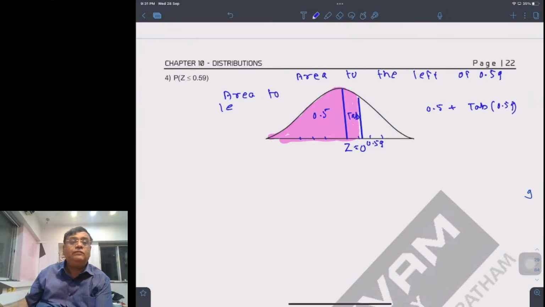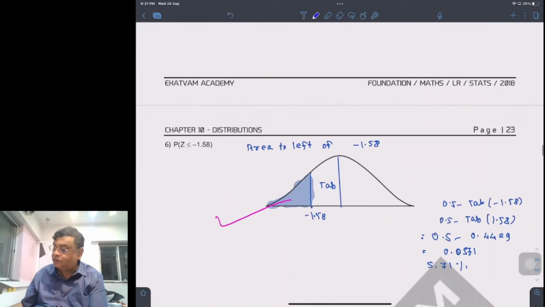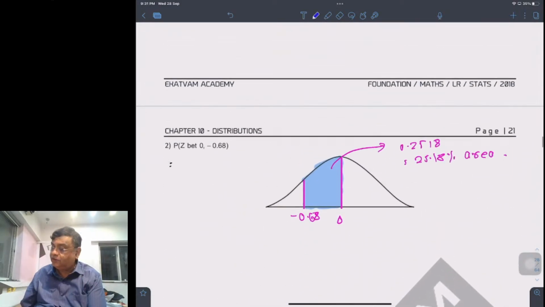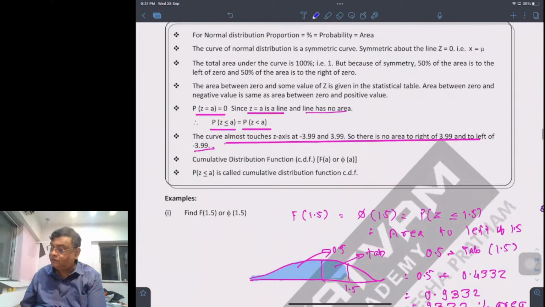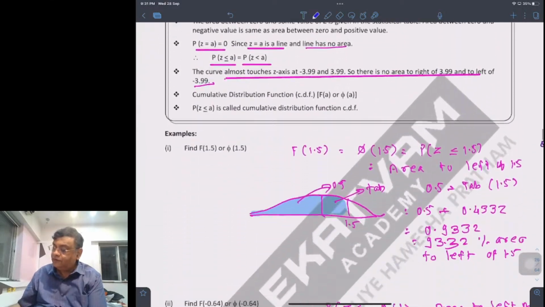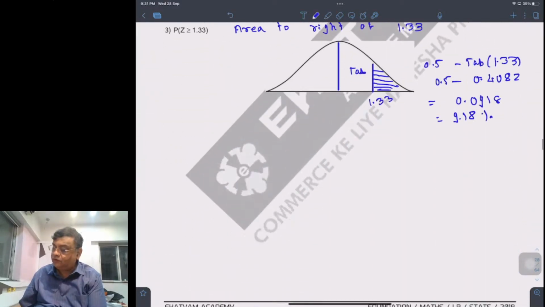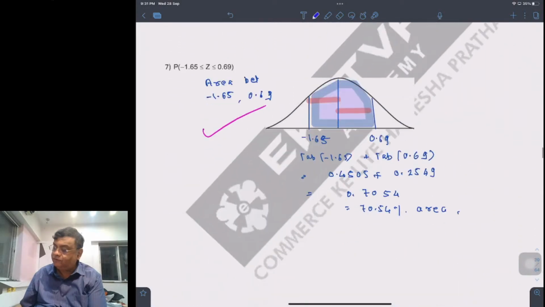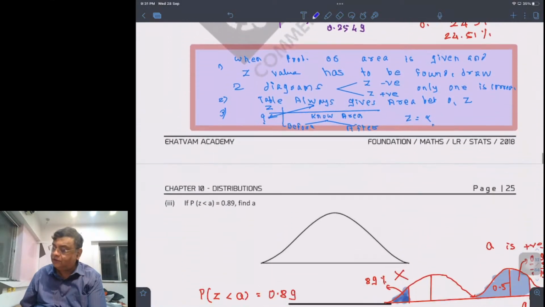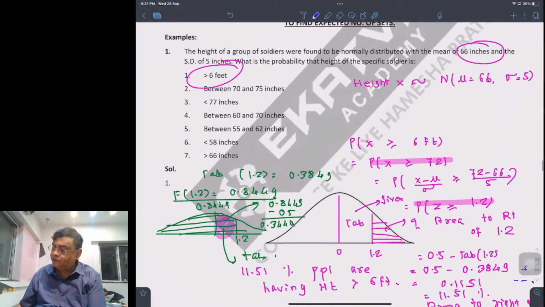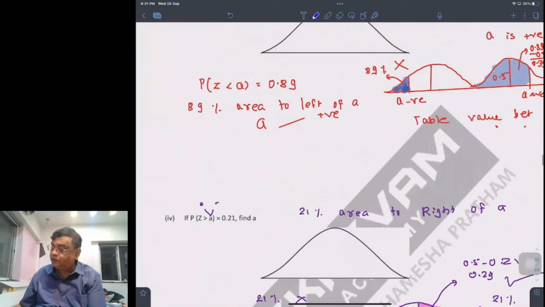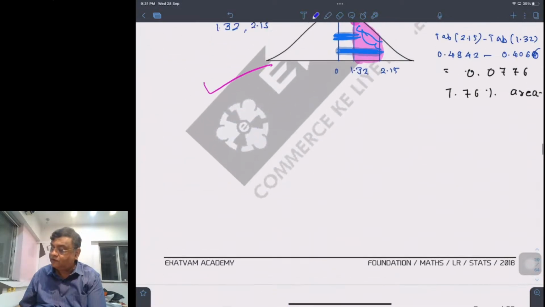Now tell me, table value for 0.59 is what? If you look at the tables, then you will get the value of that z.